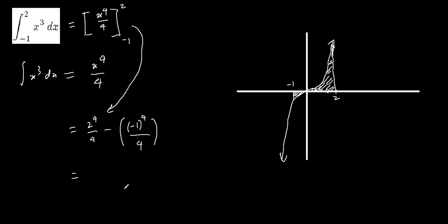That just gets me, let's see, 2 to the 4th is what? 2, 4, 8, 16. 16 over 4 is 4. And that's subtracted from -1 to the 4th power, which gets me 1, so that's just 1 over 4, which is 3 and 3/4.